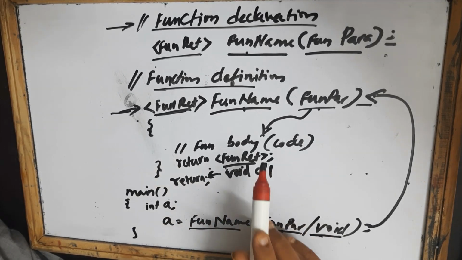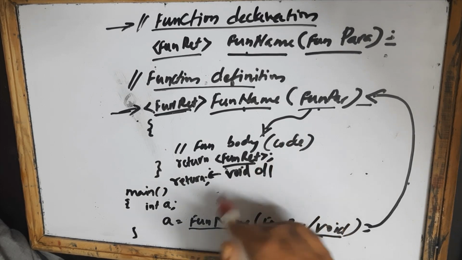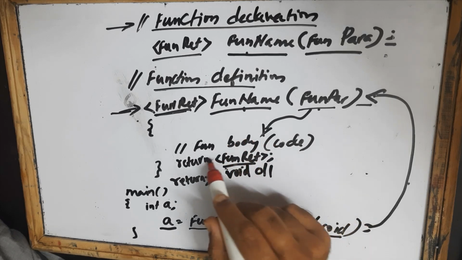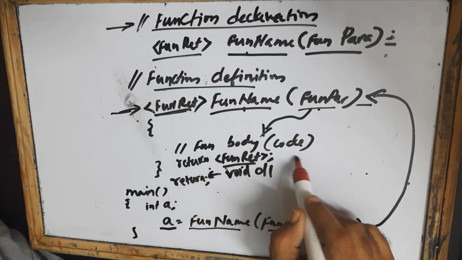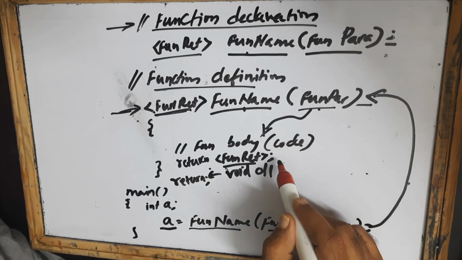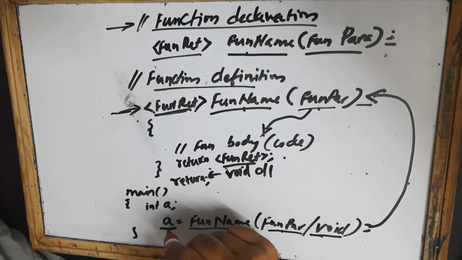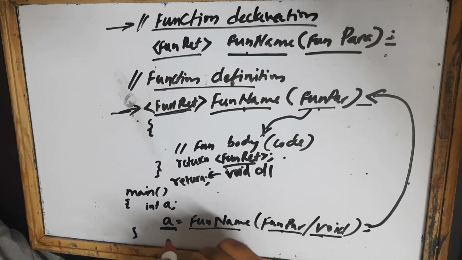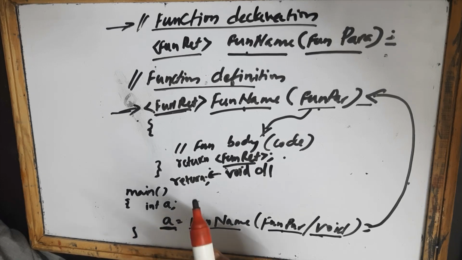If it is returning anything, here in this example I am returning an integer, so this may be returning some value based on the requirement, and this return value will be stored in a, some variable in the main, and this variable can be used based on your requirement. So this is how we can store the return value of the function and use it.